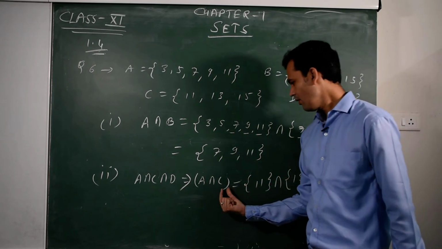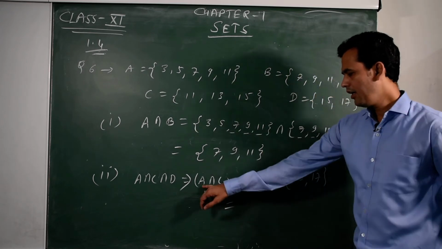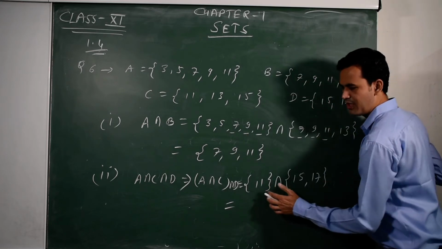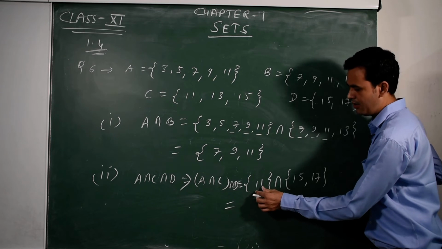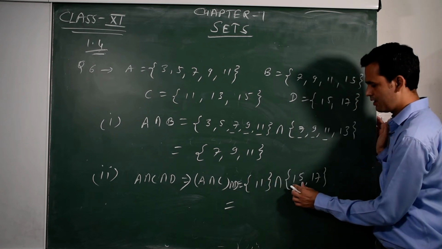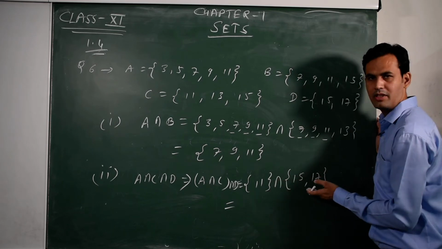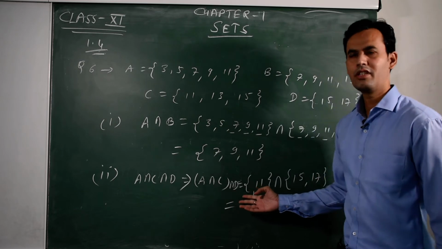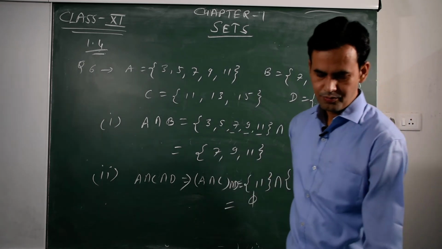So A intersection C intersection D is the common element of these sets. This set has only one element 11, and this set has only 15 and 17. No common elements are there. Therefore, A intersection C intersection D is the phi set, null set, void set.